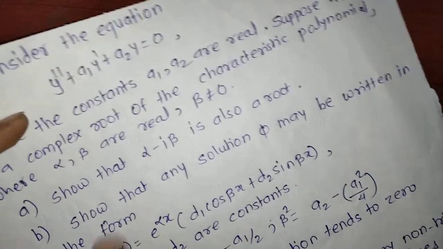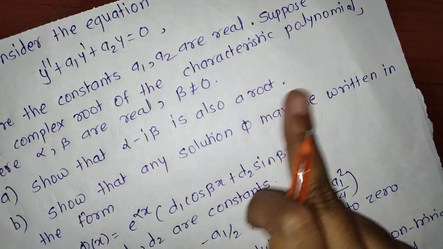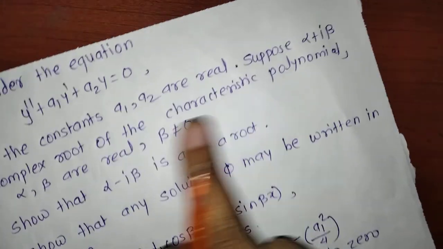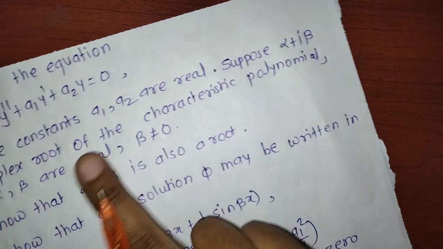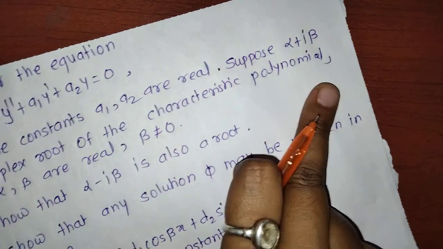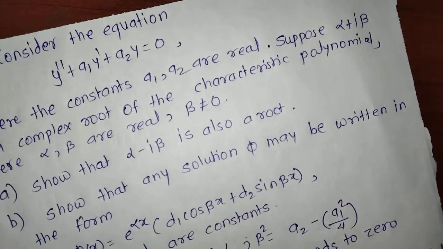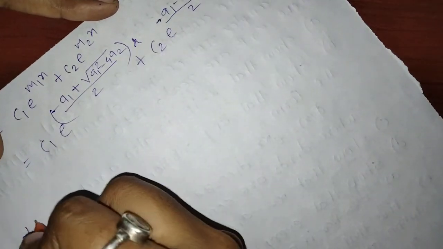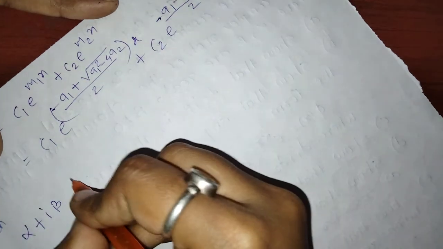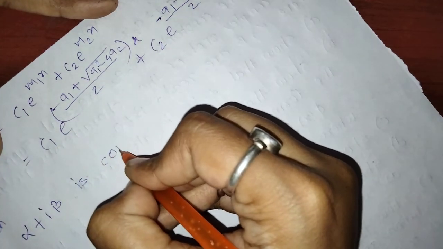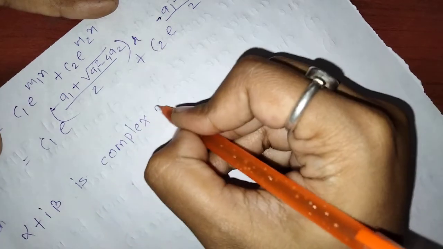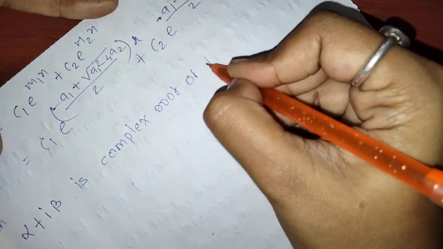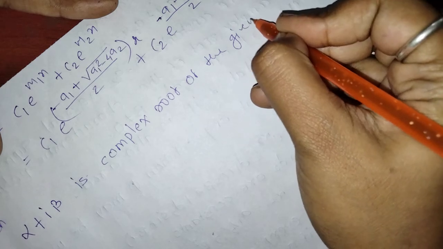Now, first show that alpha minus i beta is also a root. Here, alpha plus i beta is a complex root of the characteristic polynomial. Okay. So, alpha plus i beta is given as a complex root of the given equation.